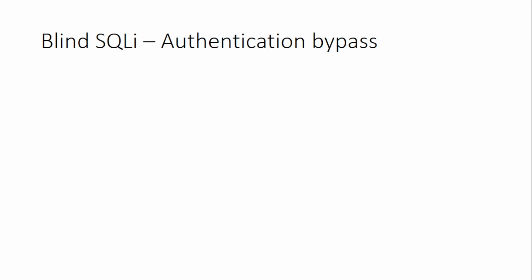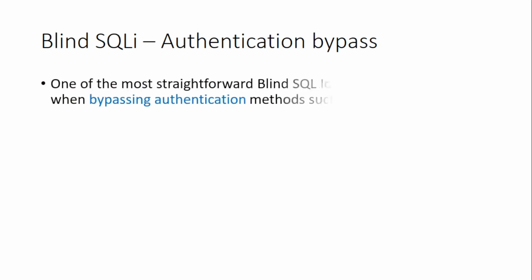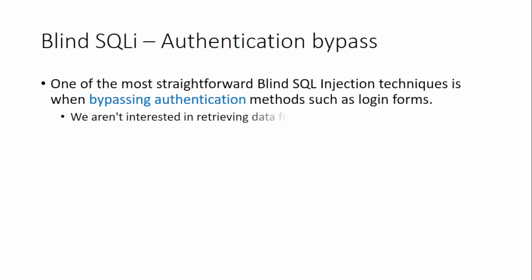Blind SQL injection for authentication bypass is one of the most straightforward blind SQL injection techniques, used when bypassing authentication methods such as login forms. We aren't interested in retrieving data from the database, we just want to get past the login.